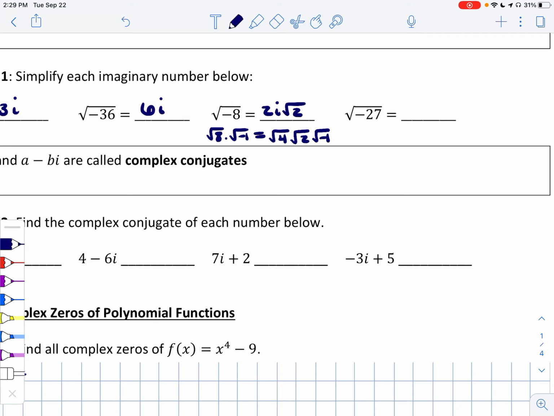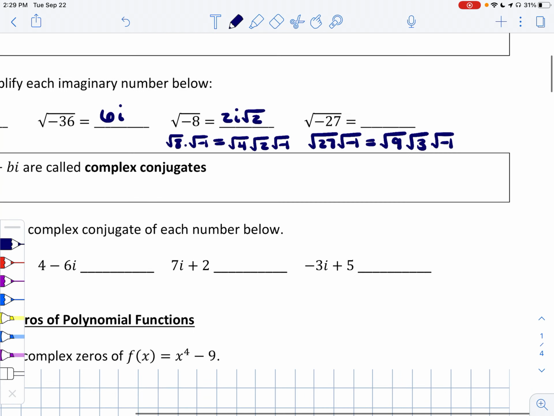Similarly, with the square root of negative 27, again, split it up as the square root of 27 and the square root of negative 1. The 27 we can break down as a 9 and a 3.